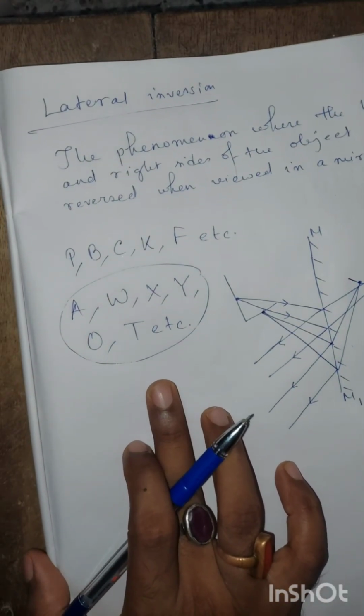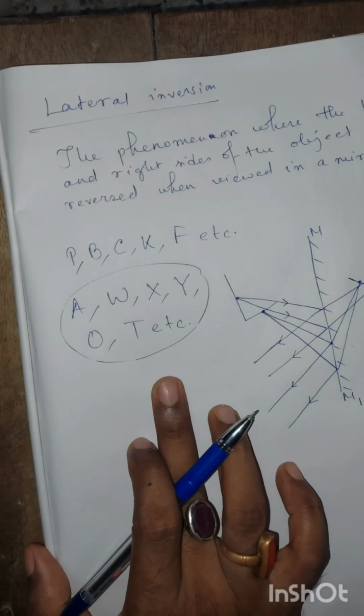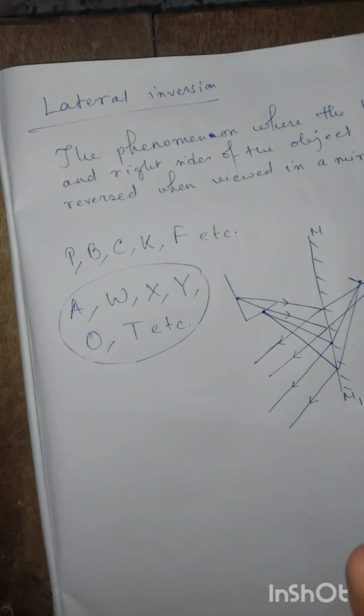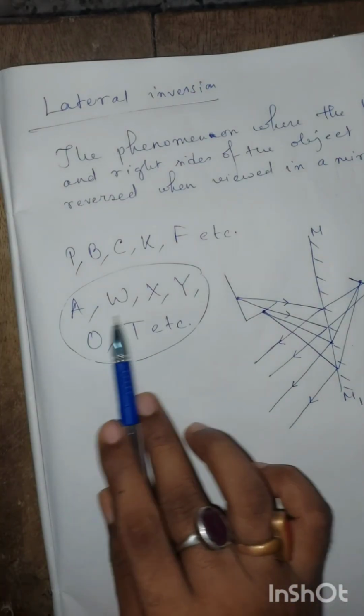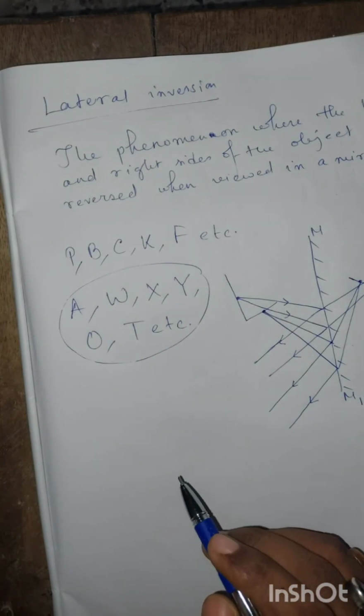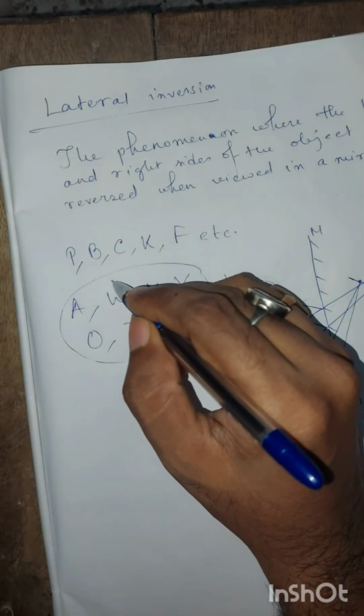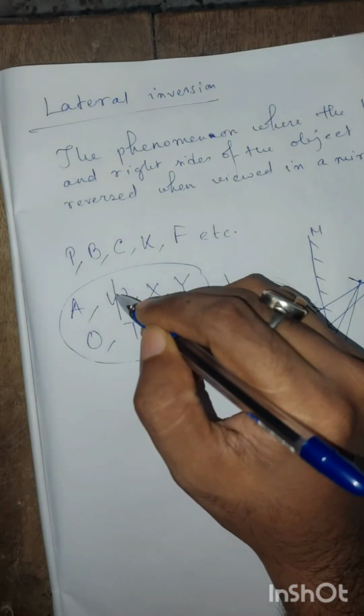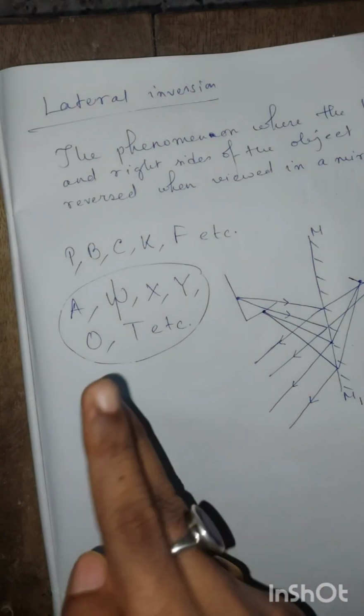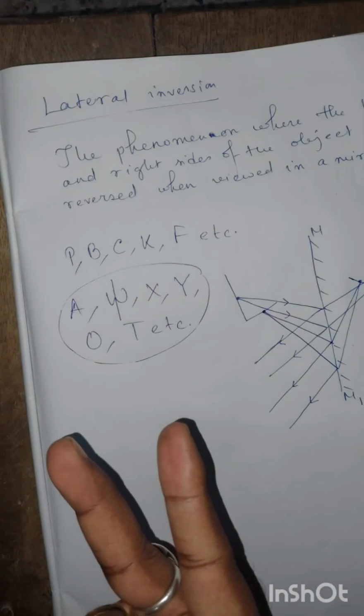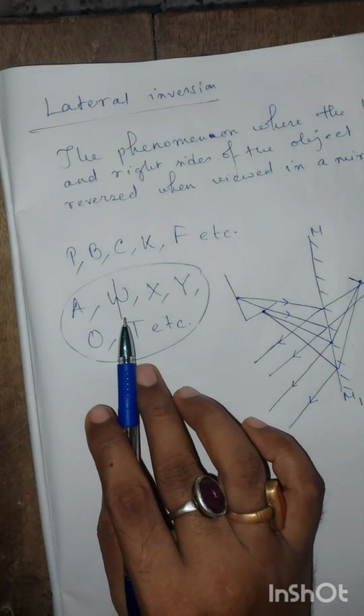Some letters suffer lateral inversion, but we cannot differentiate the image from the object because they are symmetrical. If we cut W from the middle and reverse the right and left sides, it will look the same.